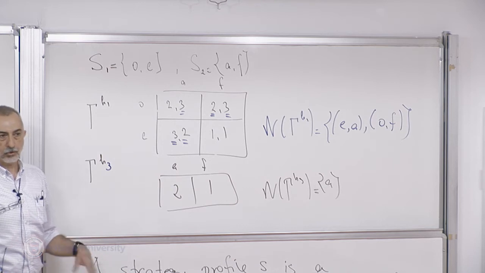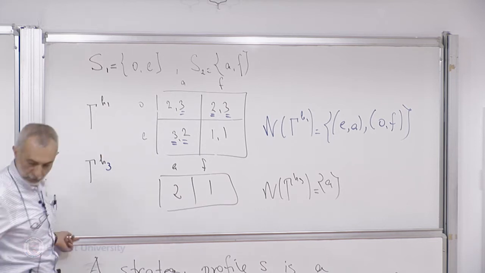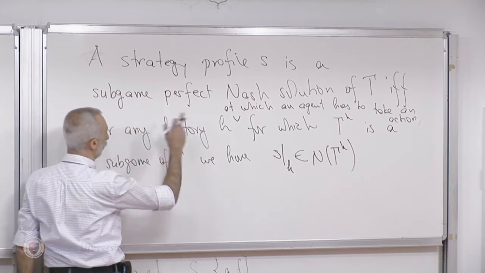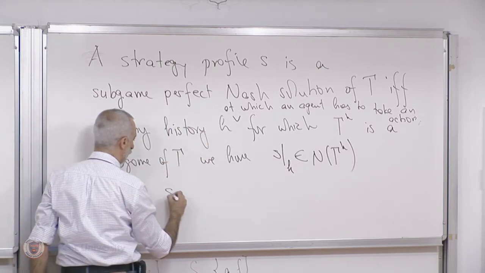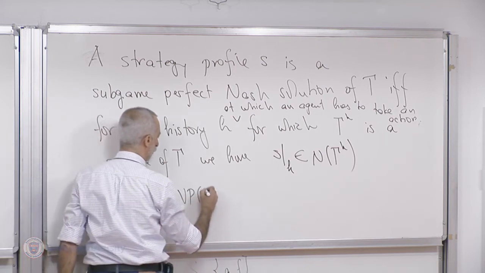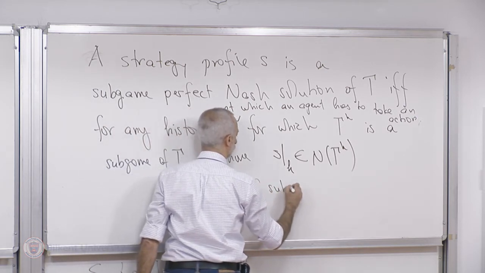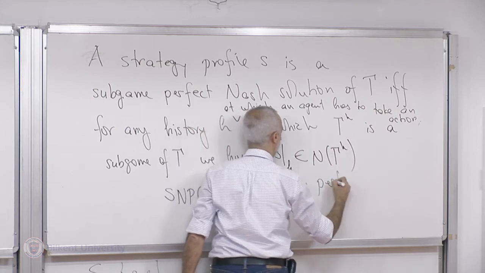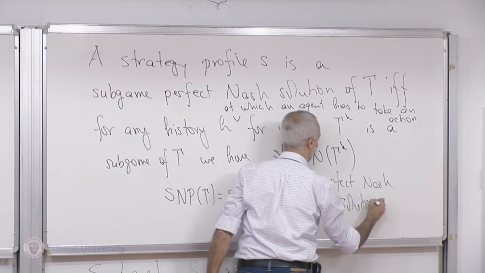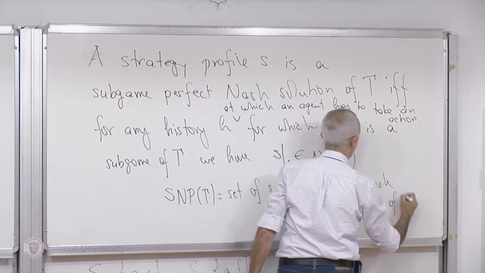So our strategy profile, the subgame perfect Nash solutions, let me add that here too. The subgame perfect Nash solutions of the game gamma we will denote with S for subgame, N for Nash, P for perfect, and we will denote the set of subgame perfect Nash solutions of gamma.